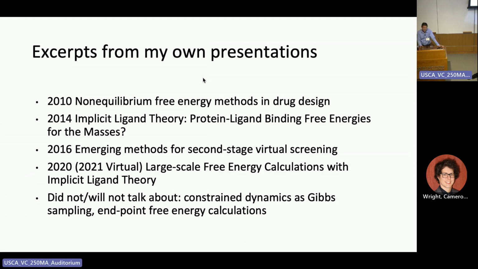And then I started digging into this approach to do binding free energy calculations to rigid receptors, and then combining information from multiple rigid receptors. That's the implicit ligand theory, which I pushed for a while and then paused a little bit. If you look at my 2021 talk, it's recorded, then you can see pretty much the state of the art. So I'm just going to give a quick excerpt from these.